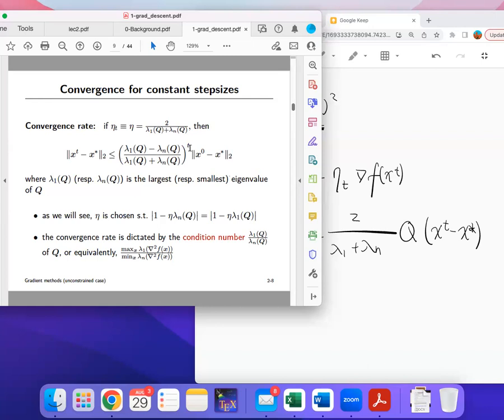It's something smaller than 1 to the power of t. So as t increases, when I run this algorithm for many iterations, this distance will go to 0, because this coefficient decays to 0 exponentially fast.